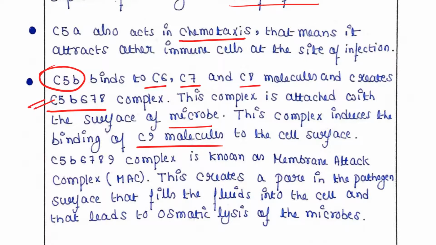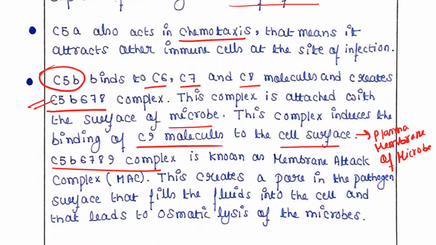So this complex will attract a number of C9 molecules to join the cell surface. Cell surface means the plasma membrane or cell surface of the microbe. And now the C5b6789 complex is ready, where the complement proteins C5b, C6, C7, C8 and C9 are there.